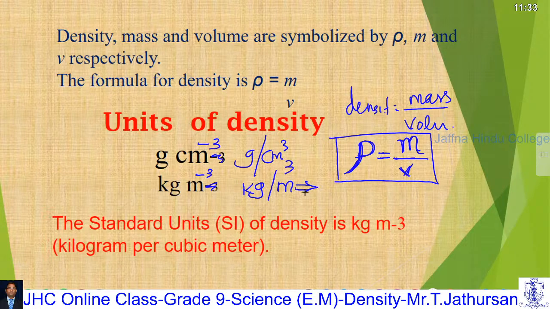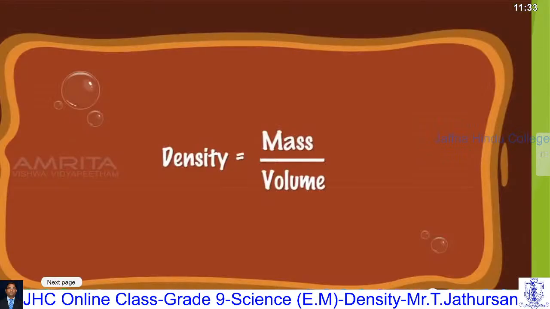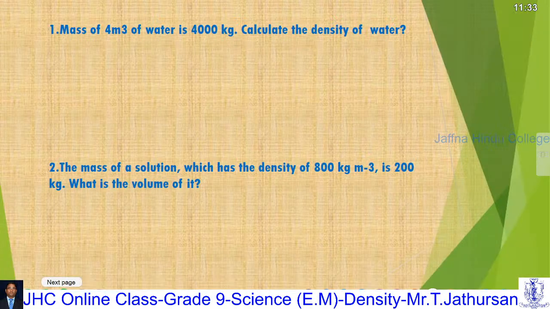This one is the SI unit of density. The standard unit of density is kilogram meter minus 3, kilogram per cubic meter. Right. Next one. Density equals mass over volume.